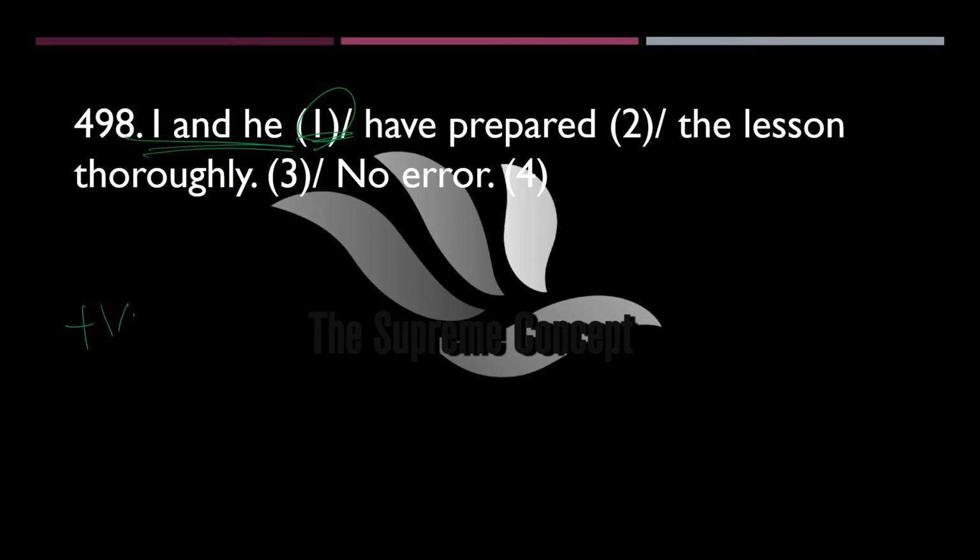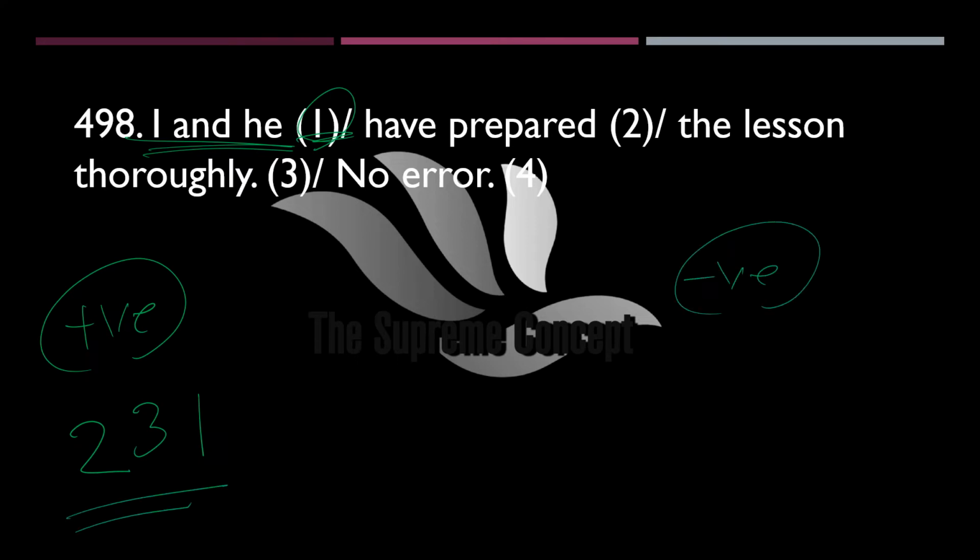For pronouns, we have a rule for placing them accordingly. For positive cases, we will use the 2, 3, 1 rule, and for negative sense, we will use 1, 2, and then 3.